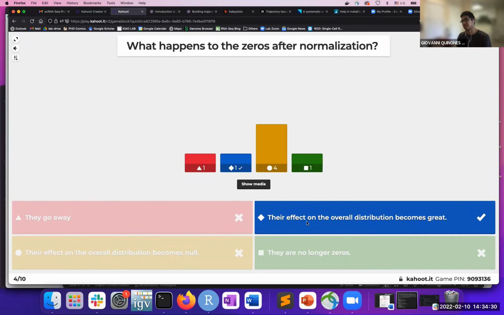And of course, that's going to affect the overall distribution. The way to more intuitively understand this is that when you look at the raw counts, the distribution looks very continuous. But after you normalize, you have zeros on one hand and all the other values on the other hand. And this is an issue, of course, when you try to model the values of gene expression and variance and so on.